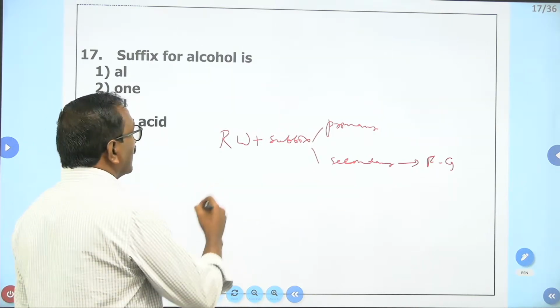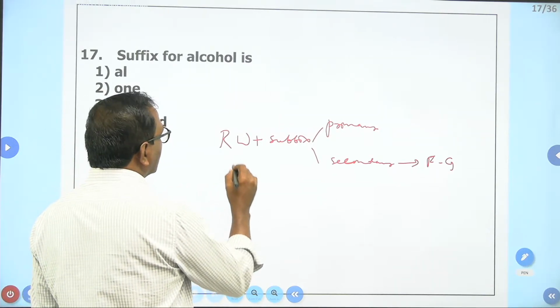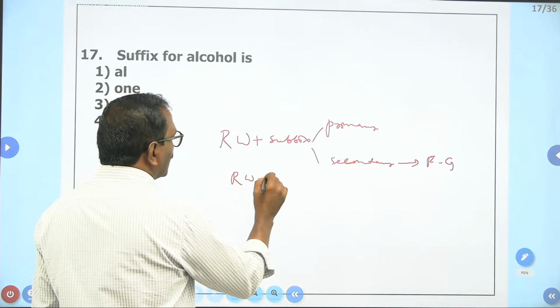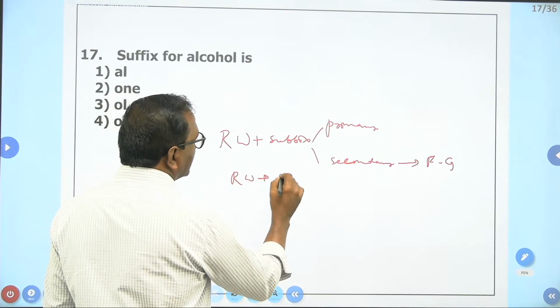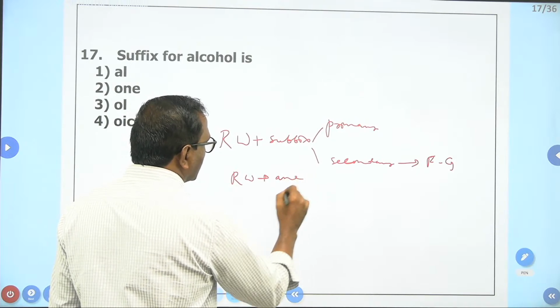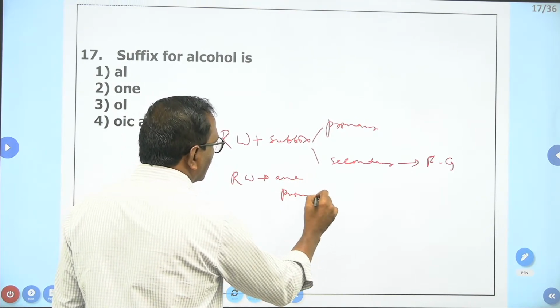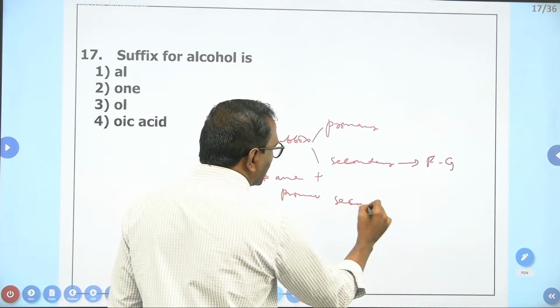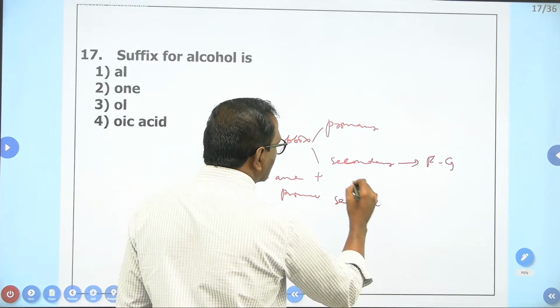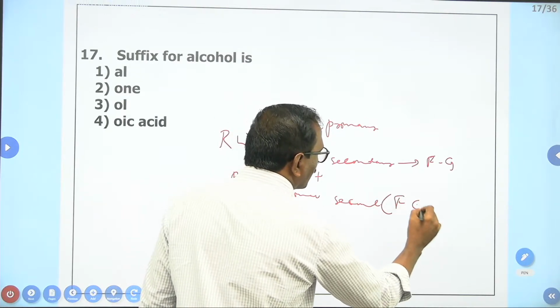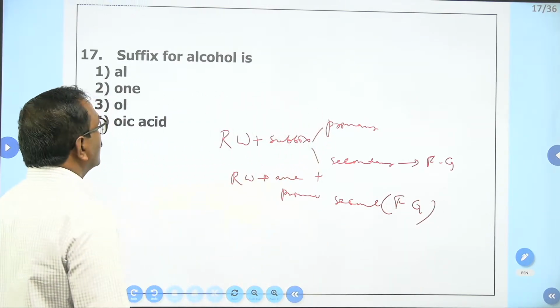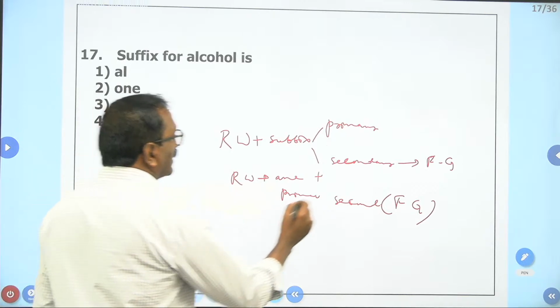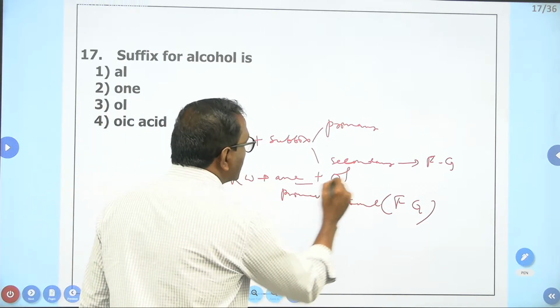Suppose you consider alcohol. It consists of first the root word followed by ane, which is the primary suffix. And the next one at the end is the secondary suffix, which is related to the functional group. So the suffix for alcohol is OL. Hence the e is replaced by OL.